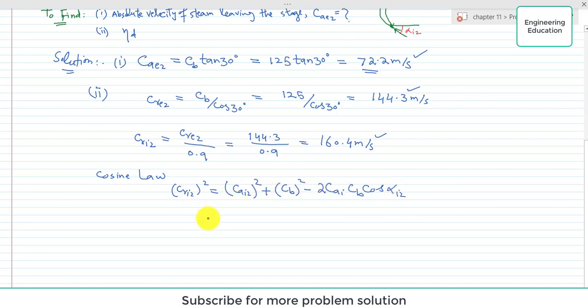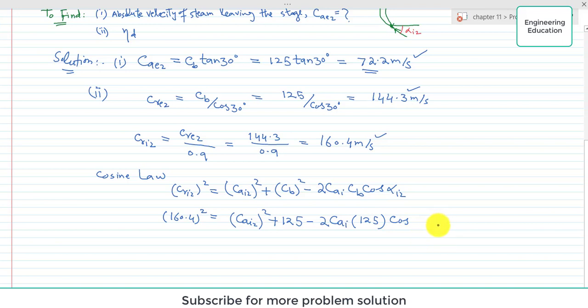So again we have CRI2 is 160.4 square. CAI2 is unknown, we will find it. CAI2 square plus CB is 125 meter per second square, minus 2 CAI2 into 125 into cos of alpha I2.